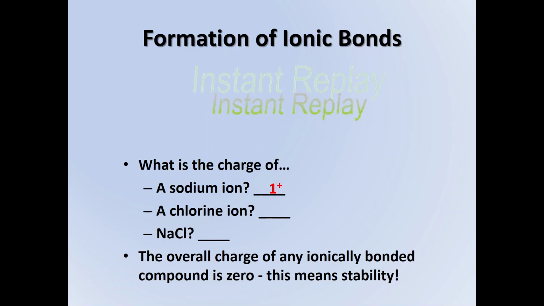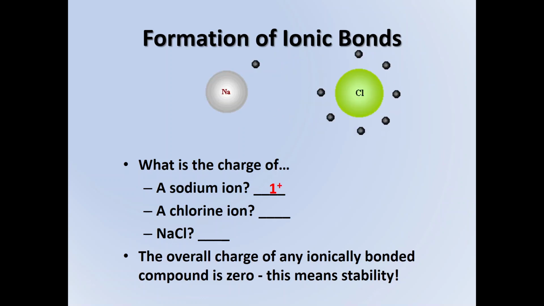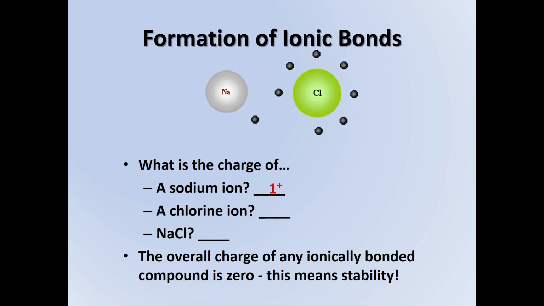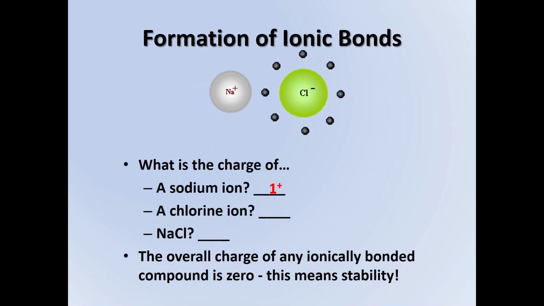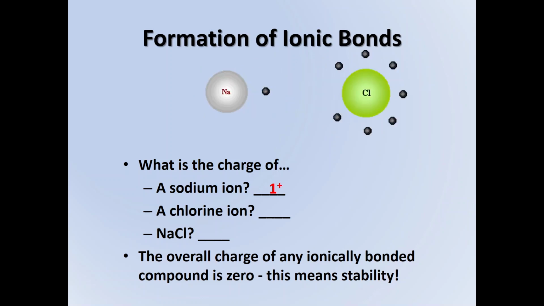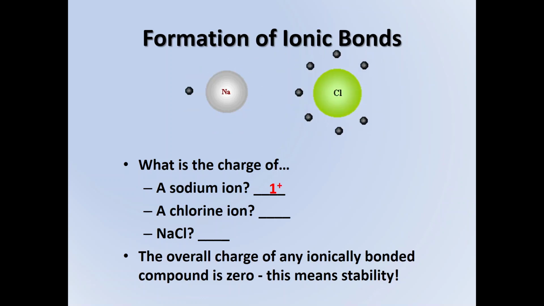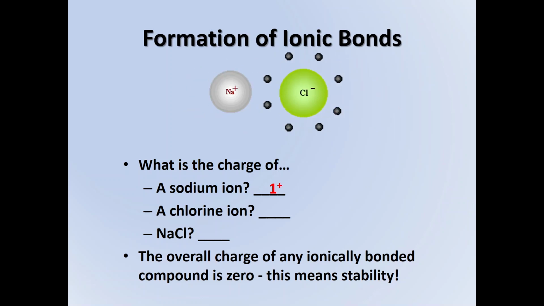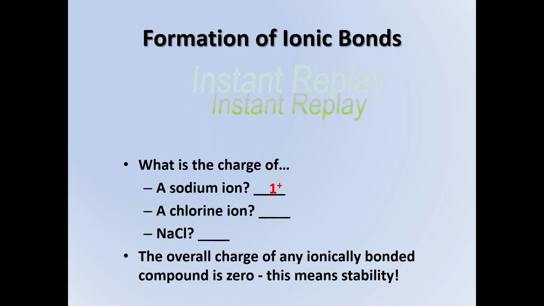Because it's losing a negative number. It's losing an electron. If you lose -1, so what is 10 minus -1? 11. 10 minus -1 is 11. It's higher up. Or 0 minus -1 is +1.